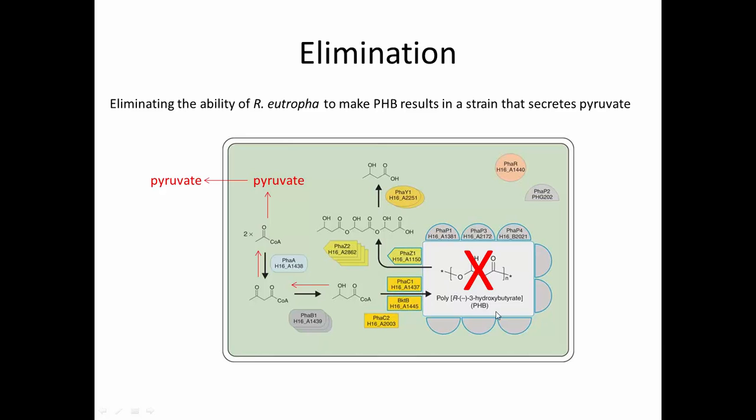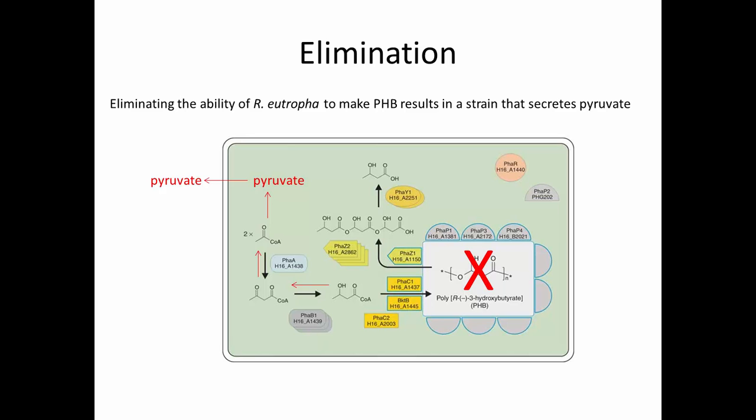So if we eliminate that ability of Ralstonia eutropha to make PHB inside the cell, to fill itself up with those granules, something's got to happen to all that carbon, because as you saw in the microscope image, that is a lot of carbon. So it's got to go somewhere.